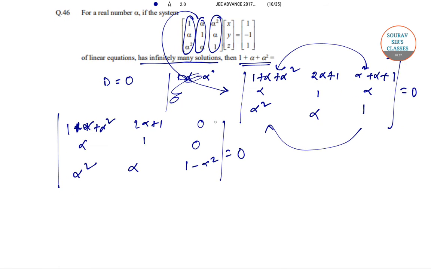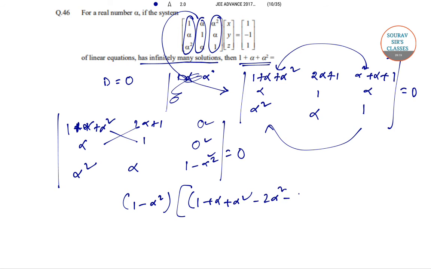After that, if we expand the determinant by this, 1 minus alpha square into this, so 1 plus alpha square minus 2 alpha square minus alpha equal to 0.